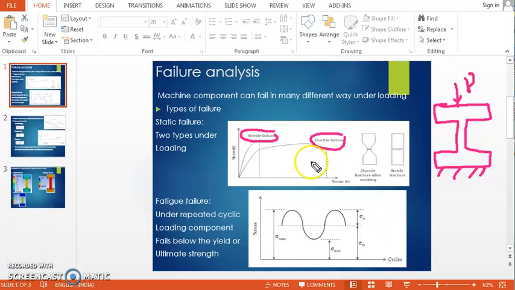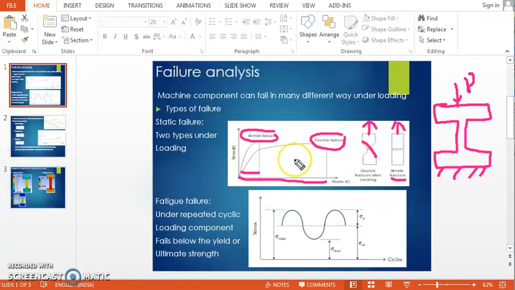You can see that when we apply the load to material in brittle fracture, the fracture surface will be perpendicular to the load applied, exactly perpendicular, and in ductile fracture it will be with the angle to the load applied. And also in the brittle failure there will be a very less deformation before fracture, and in ductile failure there will be a maximum deformation before fracture.